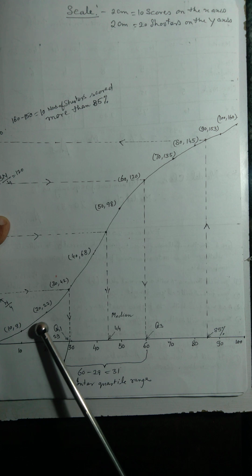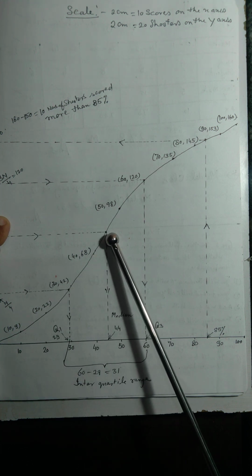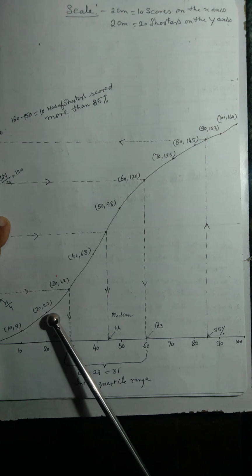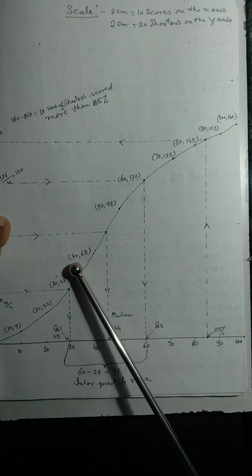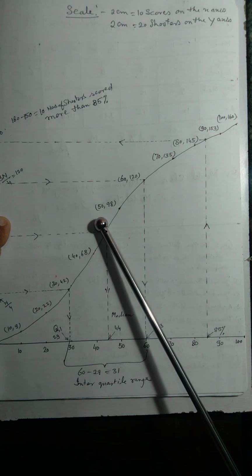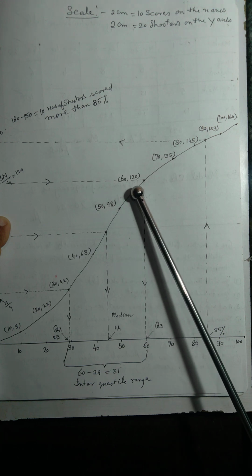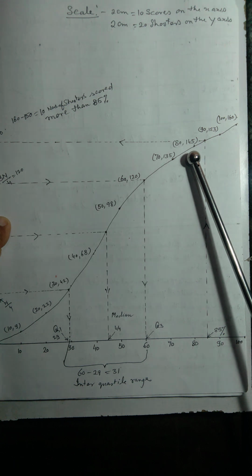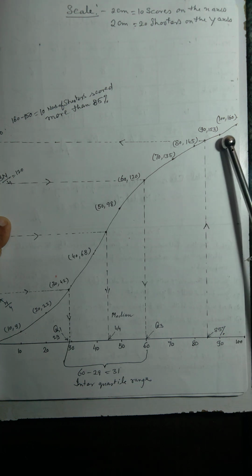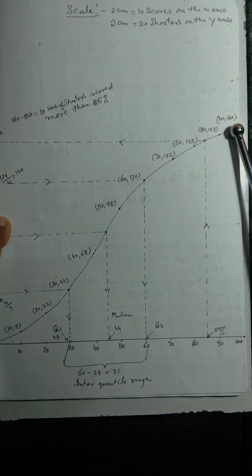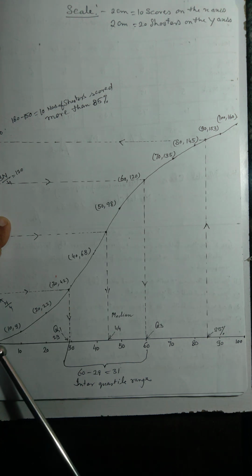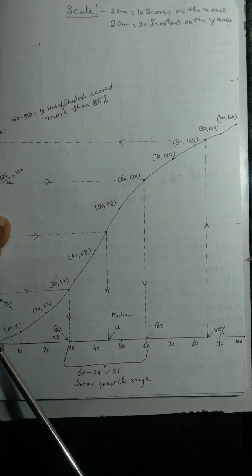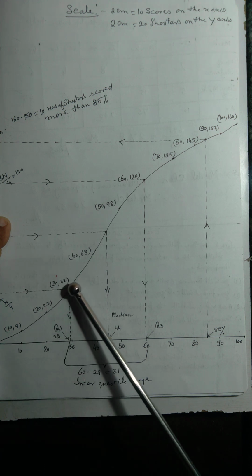First of all, we have to plot the points: (10, 9), (20, 22), (30, 42), (40, 68), (50, 98), (60, 120), (70, 135), (80, 145), (90, 153), (100, 160). Now we join all these points with a freehand curve. So this will be the required ogive.